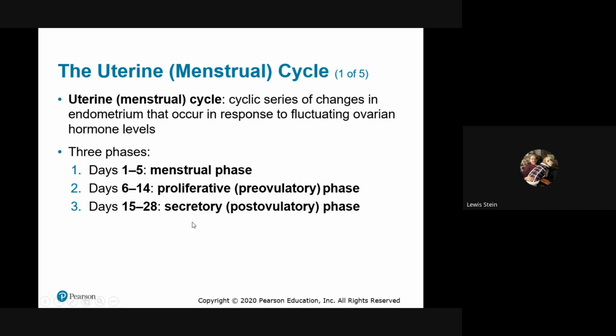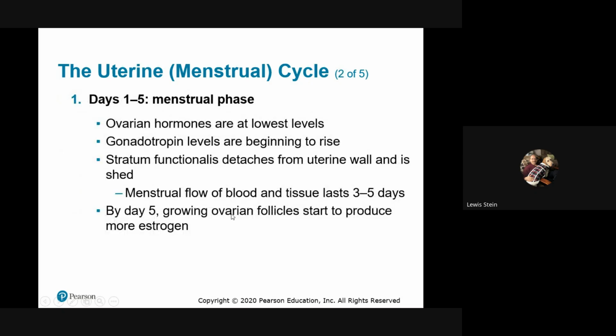Post-ovulation, what they call the secretory phase, now the functionalis is going to enlarge, mature, and develop glands that are going to secrete chemicals that the egg, once it's implanted, is going to use as nourishment. Remember, previously, that egg has enough to last for 6 to 7 days. It's got the implant to be able to obtain nourishment after that.